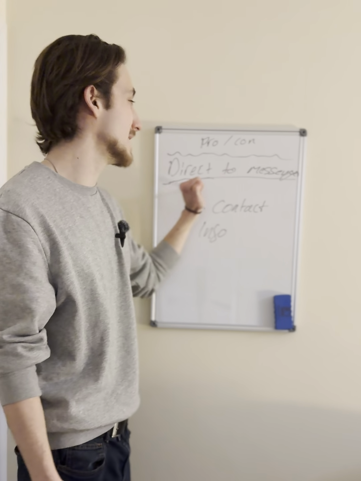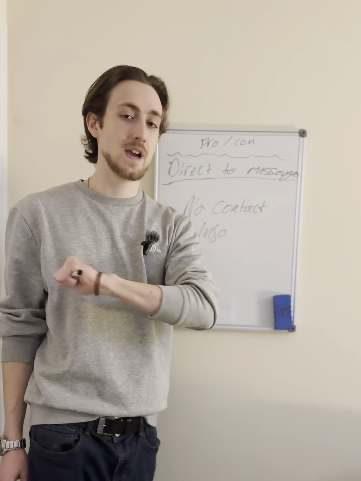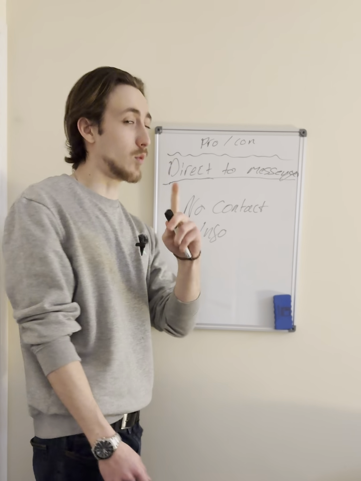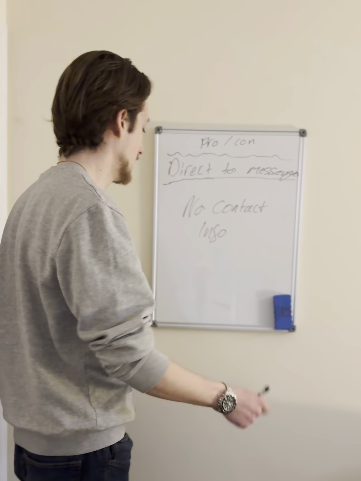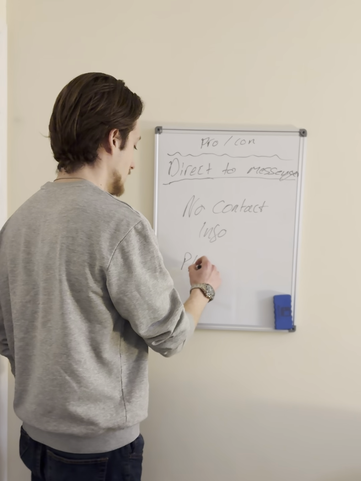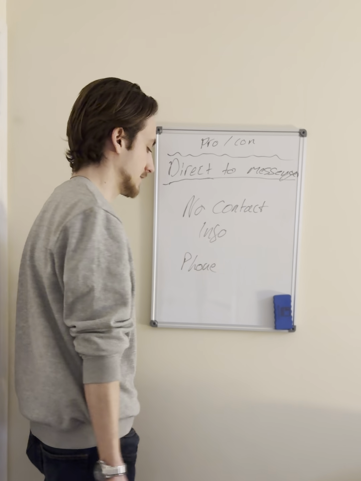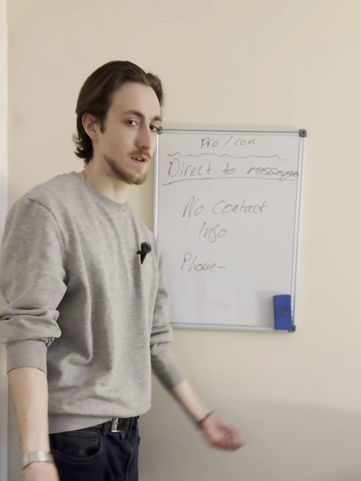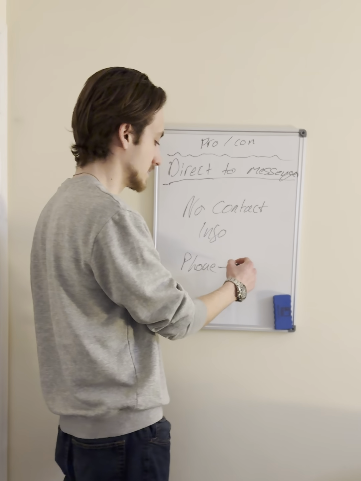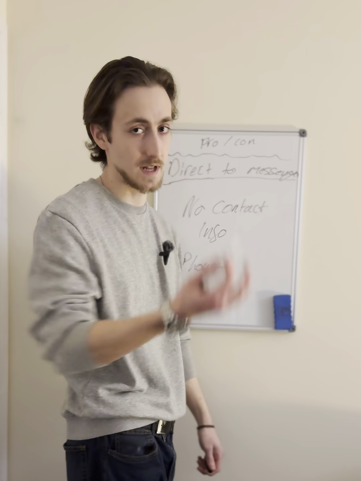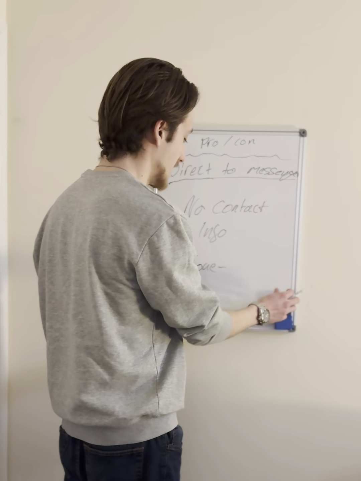However, with direct to messenger, you don't have any contact information. With WhatsApp, you might have their phone number, right? You might get their phone, but at the end of the day, if they're not replying to text messages when they first sign up, they're not going to reply to text messages either, like further down the line. So that's irrelevant, right?